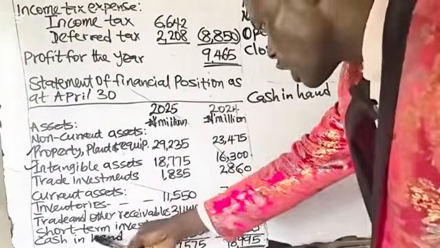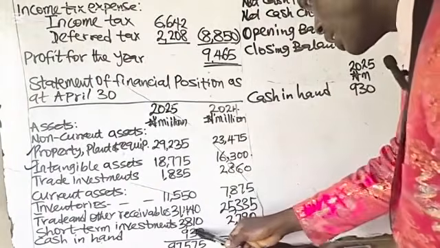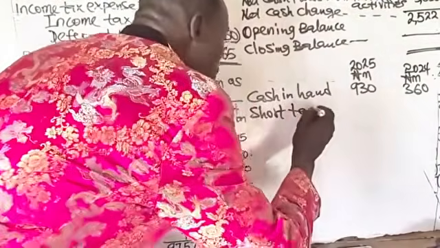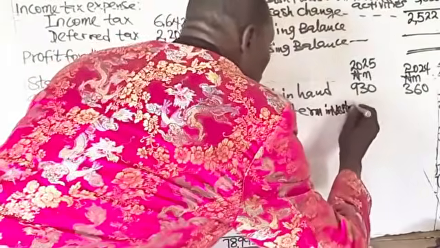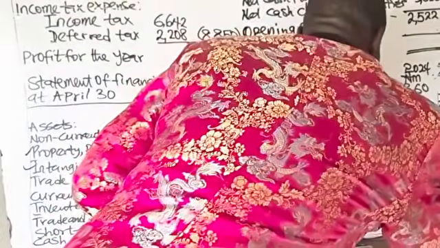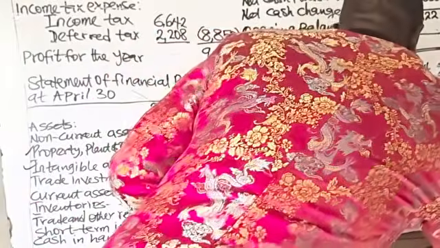You have short-term investment, 2790 and 3810. So the closing is 3810. The opening is 2790.